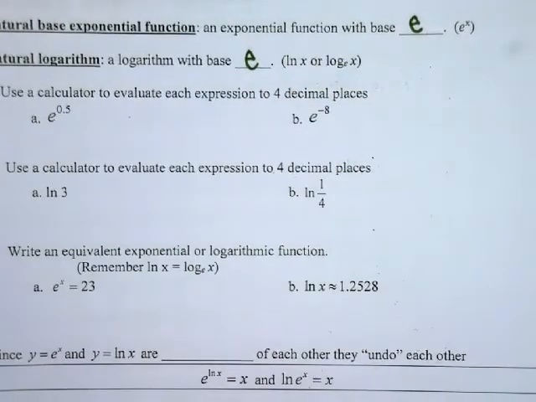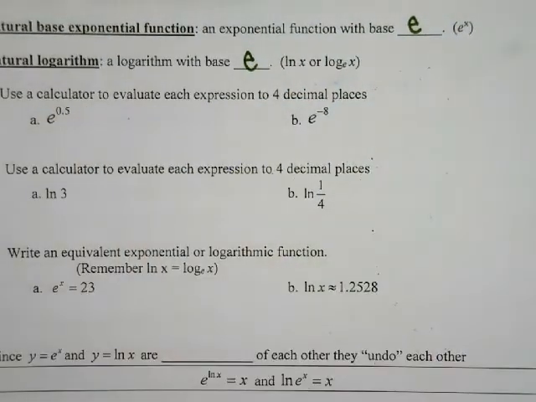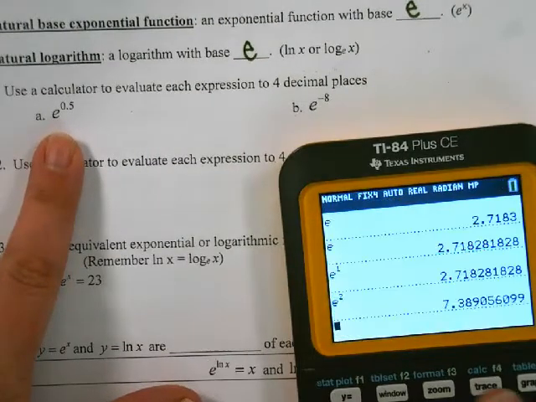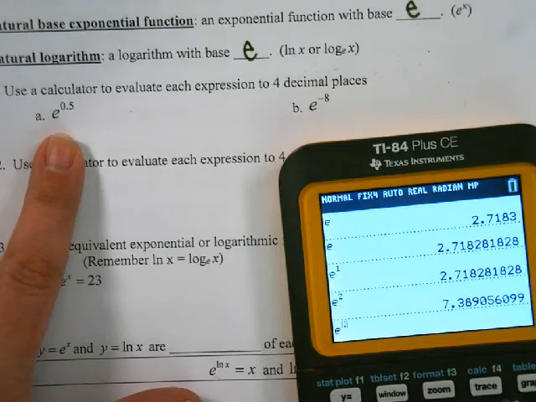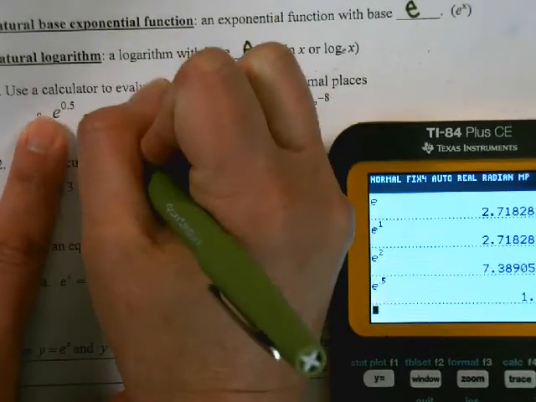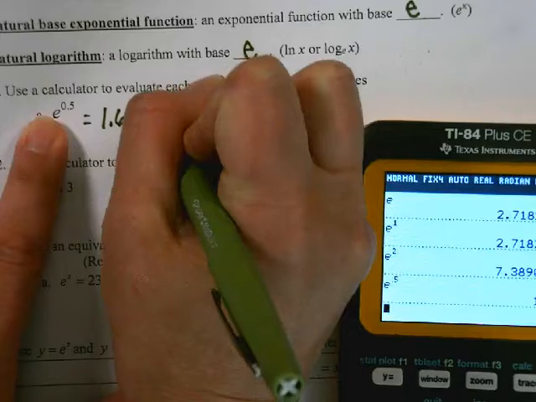Okay, so let's try some things in our calculator. Like in number 1, it says use your calculator to evaluate each expression to 4 decimal places. Okay, here we go. Pop these guys in our calculator and just see what happens. E to the 0.5. Not bad, right? 1.6487.